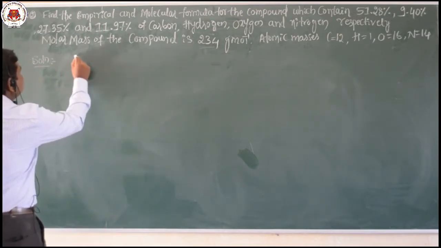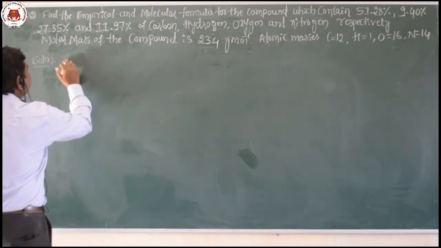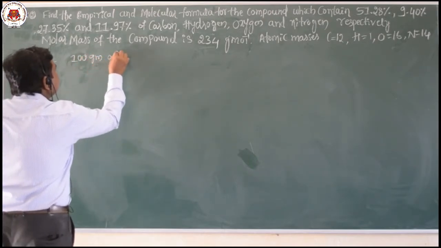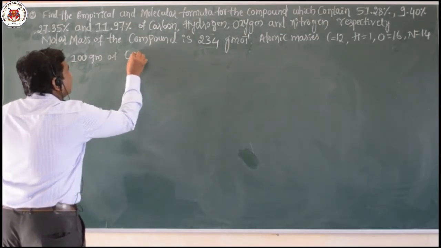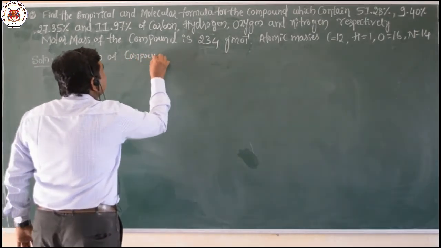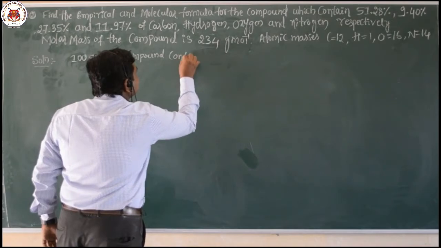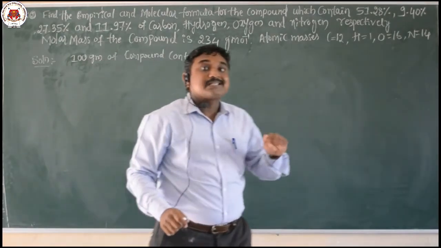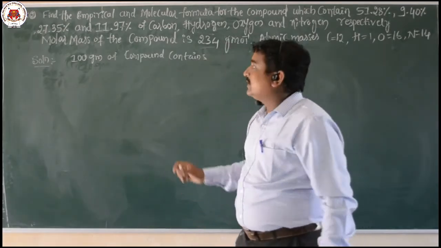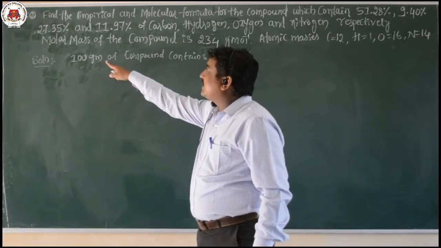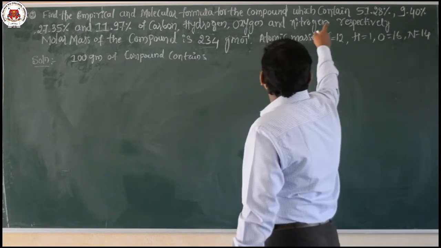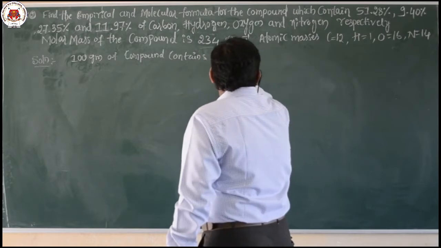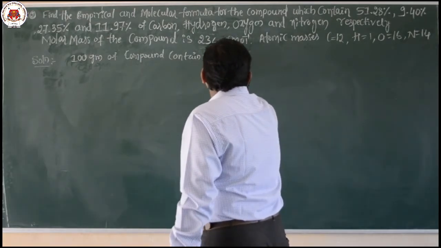That means I will write here 100 gram of the compound contains. First we do the conversion of percentage into gram. The starting material you have taken is 100 gram of the compound, so the percentage is converted into gram. You just have to write gram instead of percentage.